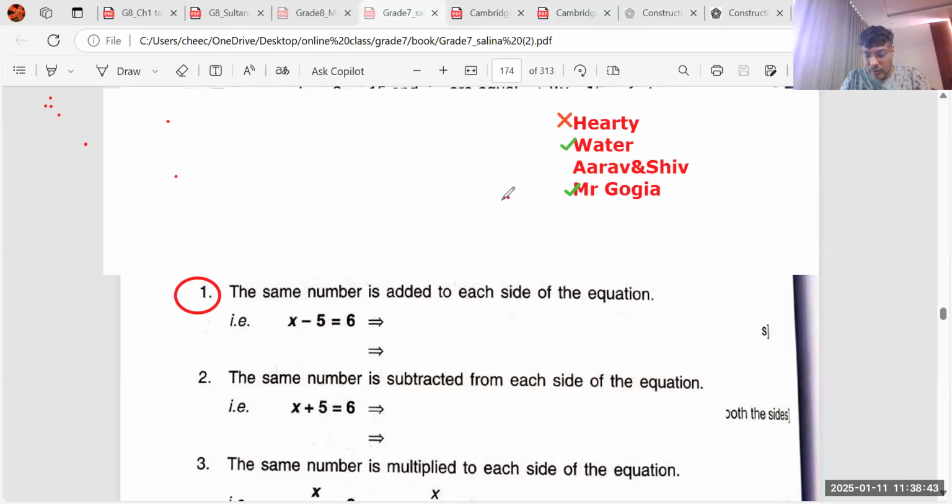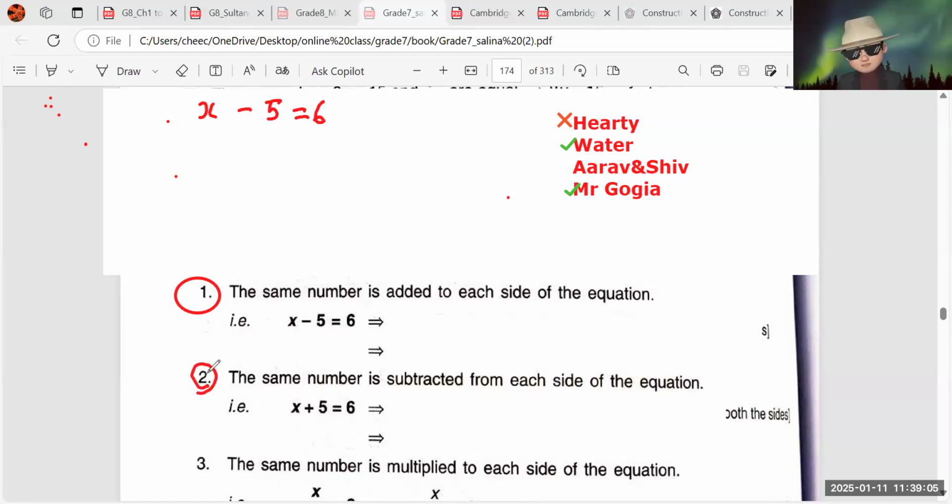Beta, when you got the value of x, why did you write this last step? It wasn't needed. Have you checked it? Yes, sir, that was checking. But I didn't ask you to check. It's okay. Fine. So Hearty, look here. x minus 5 is equal to 6. Other kids can do the second question. Hearty, unmute, beta. Sir, can I do the third question? Yes. How can I make both the sides equal?